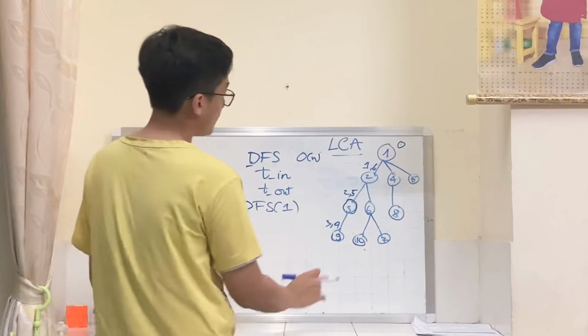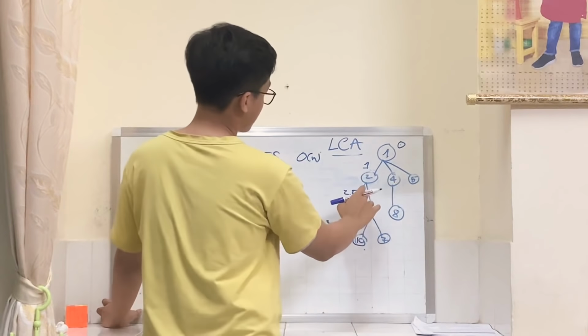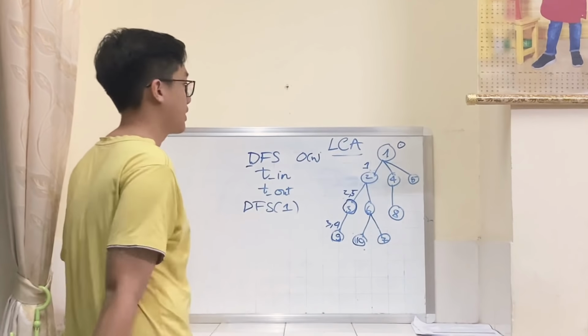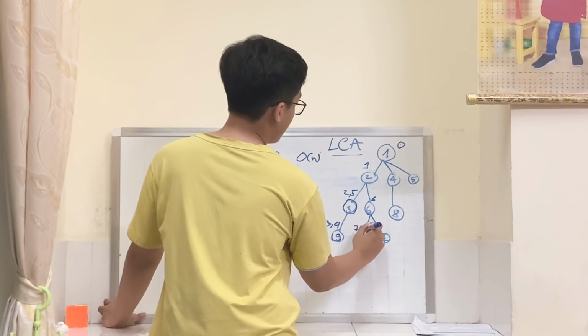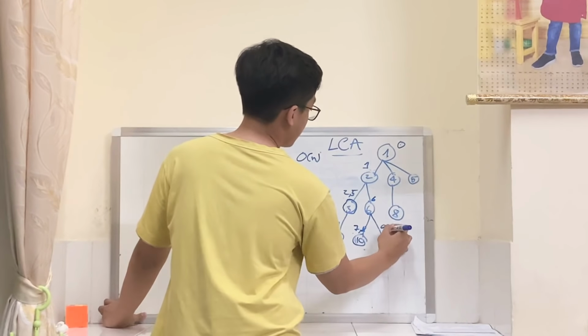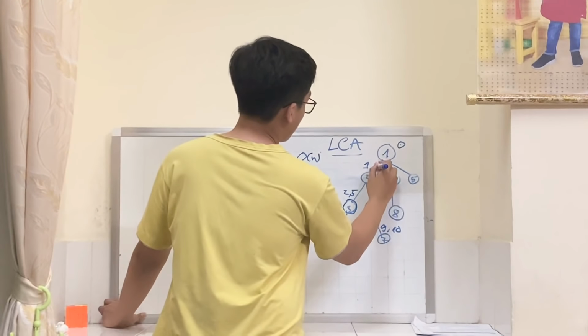Here, not yet 6, because it has to traverse all the subtree of node 2. So it will be 6, 7, 8, 9, 10. Exit node 6, 11, and 12.